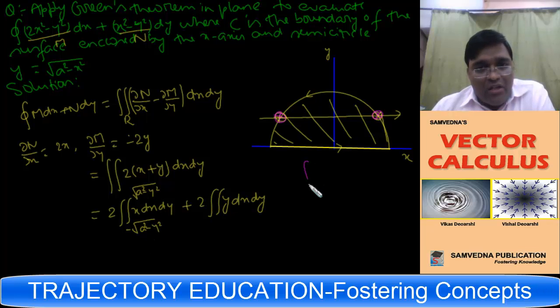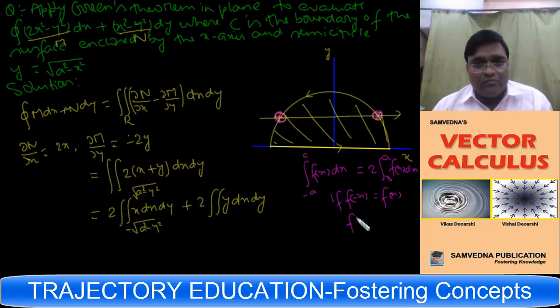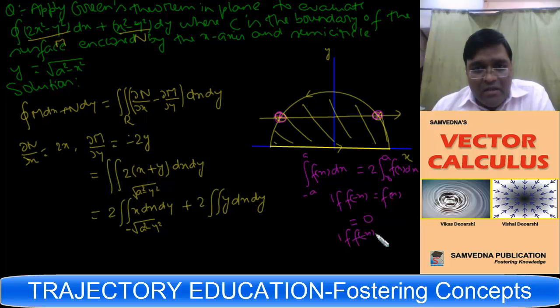The limit is of the form minus a to plus a, and you have an identity in definite integrals which says that the integral of f(x) dx from minus a to a is equal to twice the integral from 0 to a of f(x) dx if f(minus x) equals f(x), and this is equal to 0 if f(minus x) equals minus f(x).